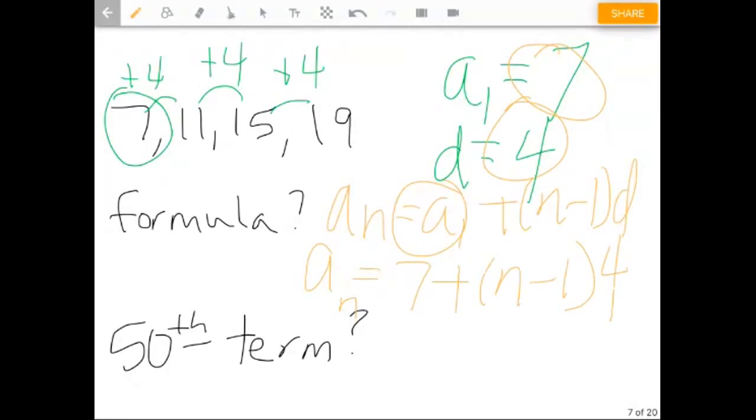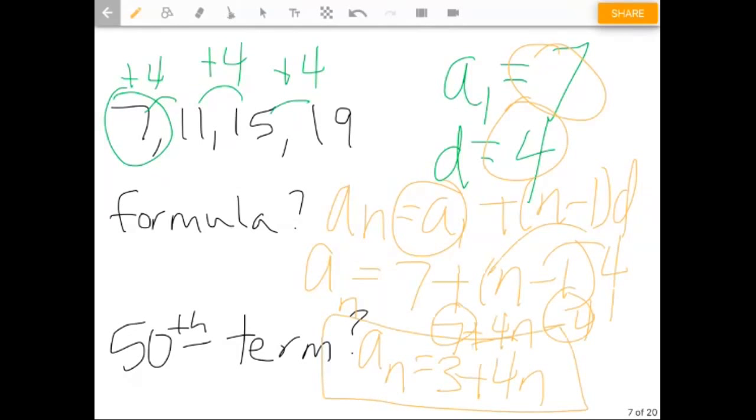You can leave it like that, or you can simplify it. If we simplify, we distribute that 4 and have 7 plus 4n minus 4. 7 minus 4 is 3. So our simplified formula is a sub n equals 3 plus 4n.